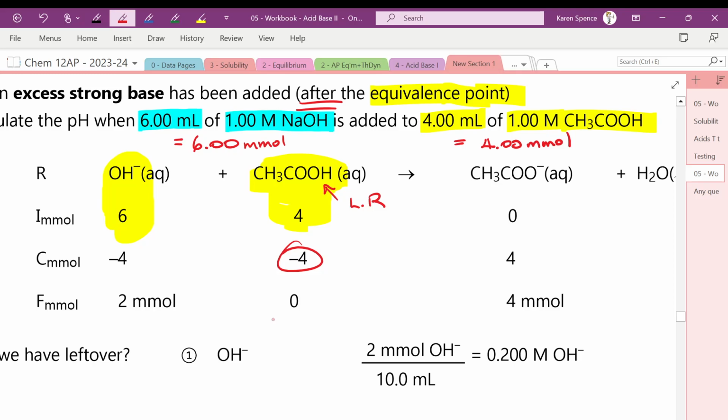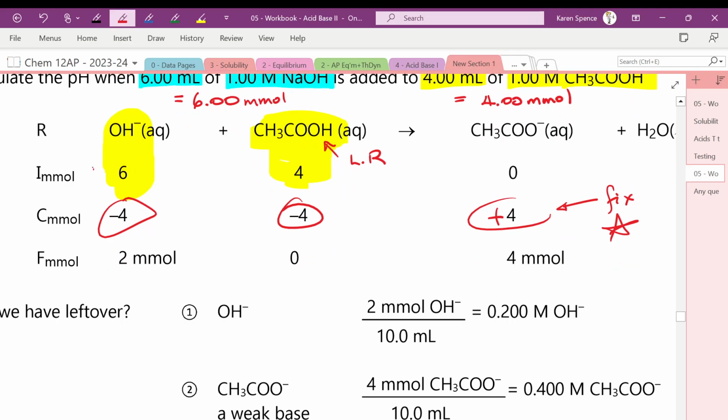It's all 1 to 1 to 1, so we get -4, plus 4. Forgot that plus. 6 minus 4 is 2. 4 minus 4 is 0. And 0 plus 4 is 4.